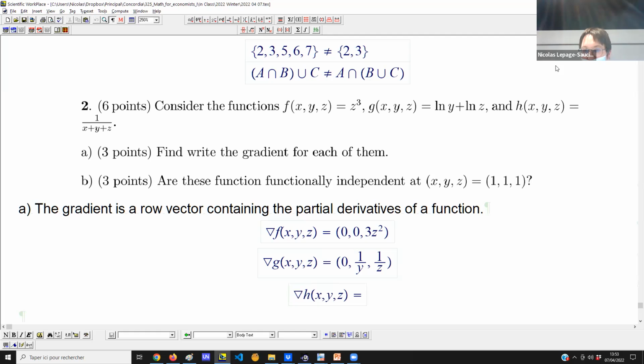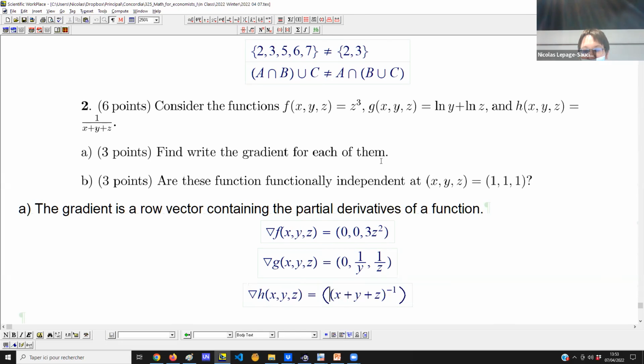Do you remember how we do that? If I have 1 over x plus y plus z, I'd like to do it this way. It makes things really easy.